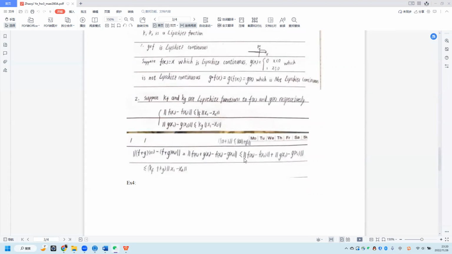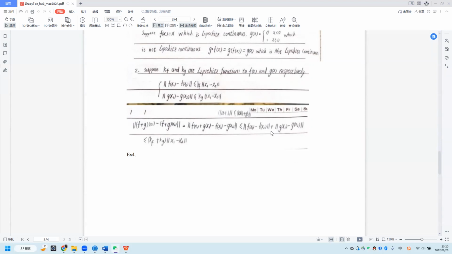This holds because the norm of a sum is less than or equal to the sum of the norms. Applying the two earlier equations, it is less than or equal to (kf + kg) times the norm of x1 − x2, which shows that it is Lipschitz continuous.